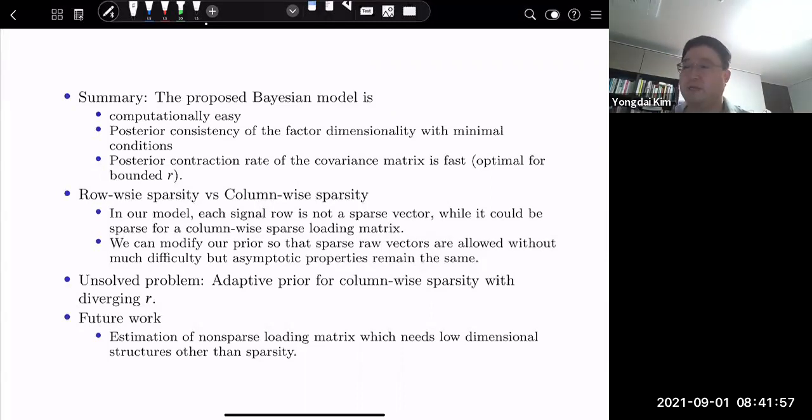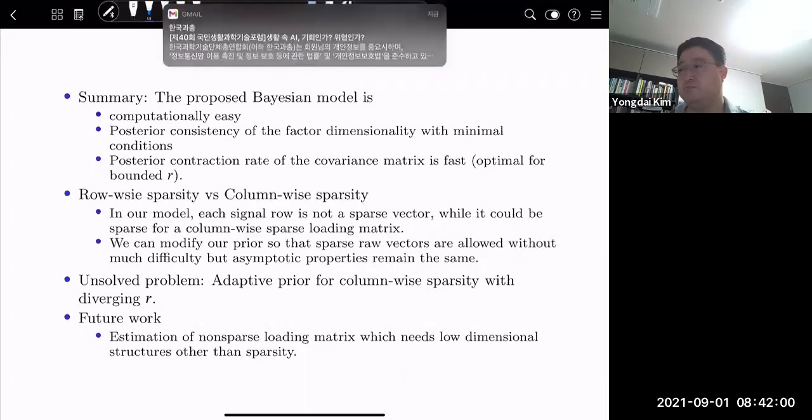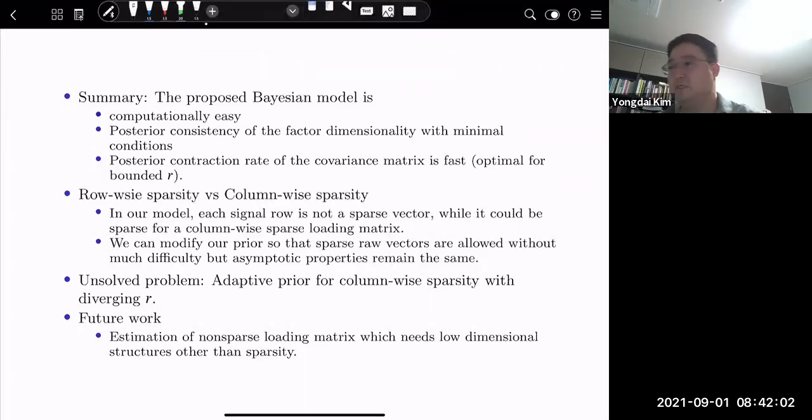And actually, there's a difference between row-wise sparsity and column-wise sparsity. In our model, each signal row, each non-zero row vector, is completely non-sparse. But in a column-wise sparse matrix, each non-zero column may have sparse patterns.